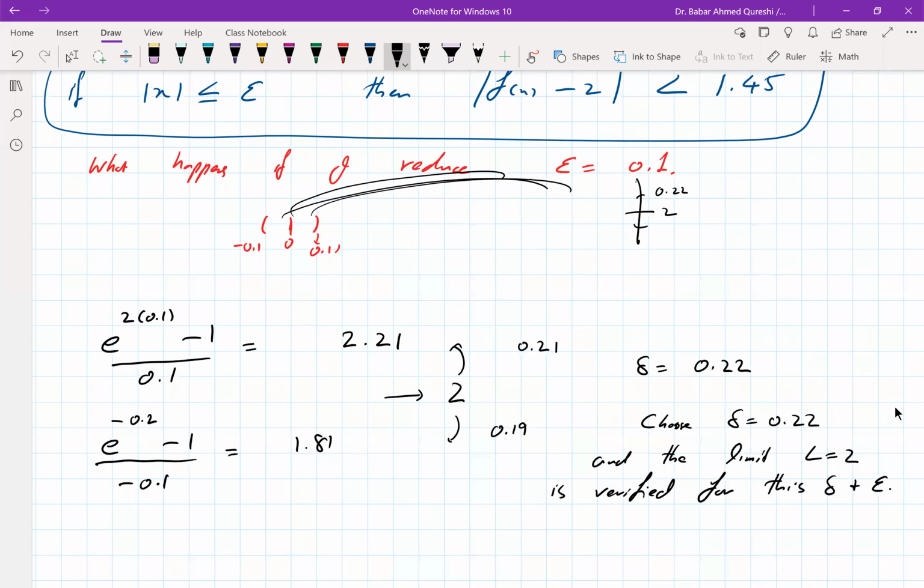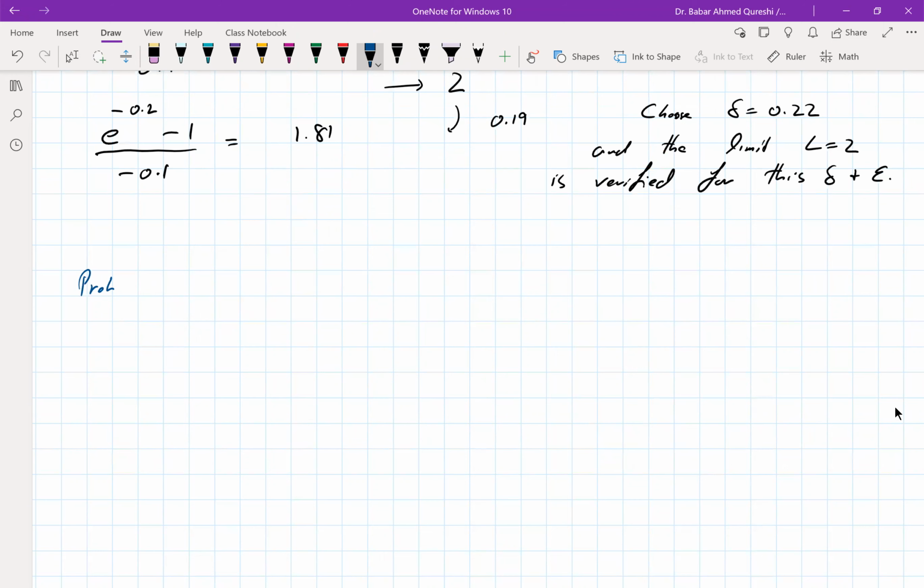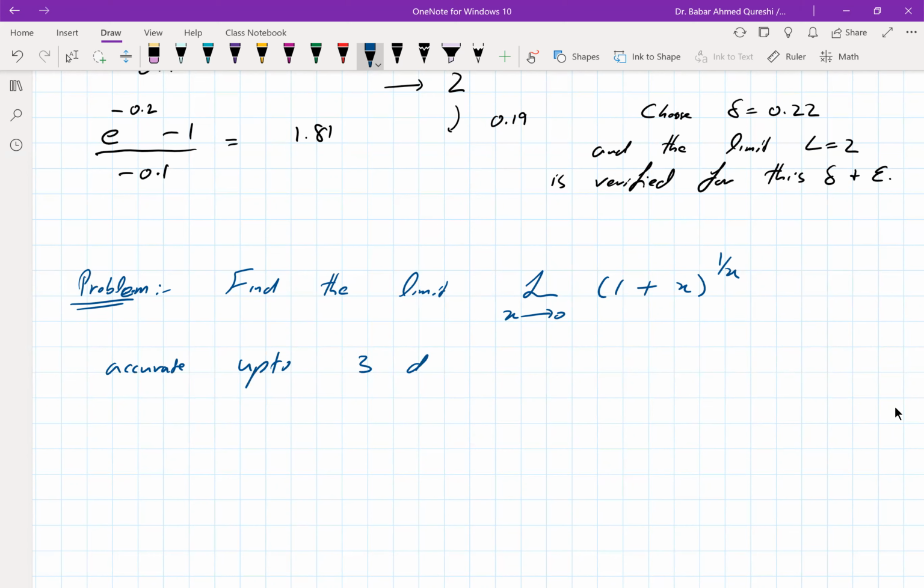Now, let's look at this one. Find the limit accurate up to 3 decimal places using computational method, using, let's say, a calculator.